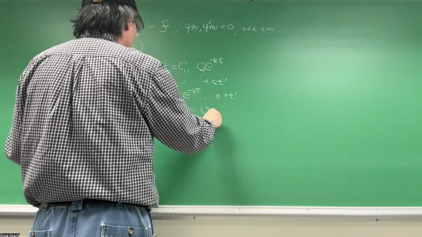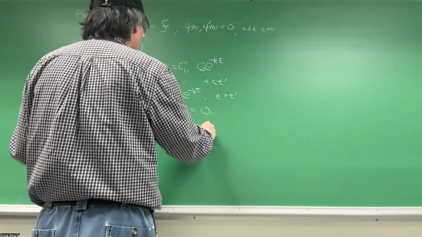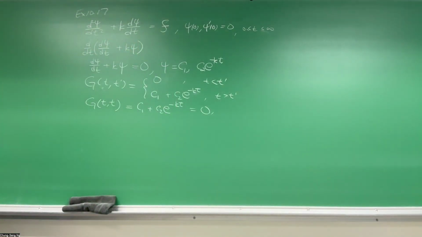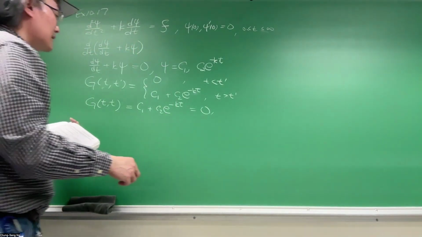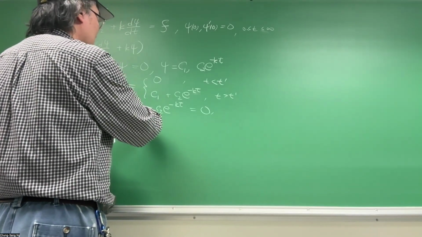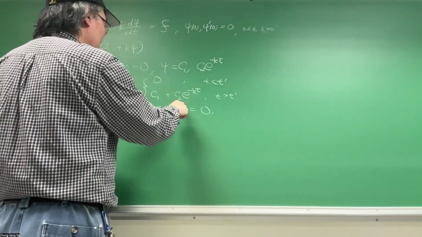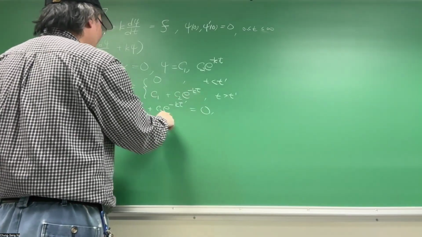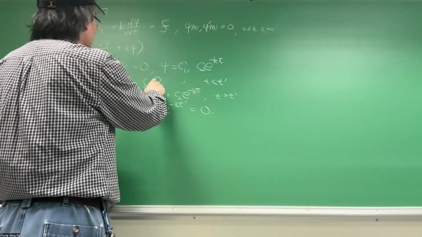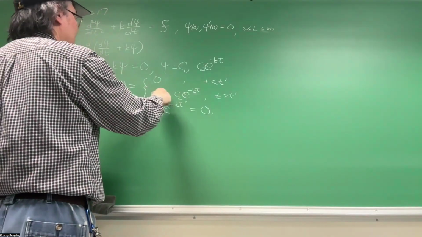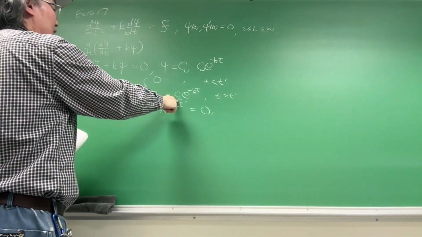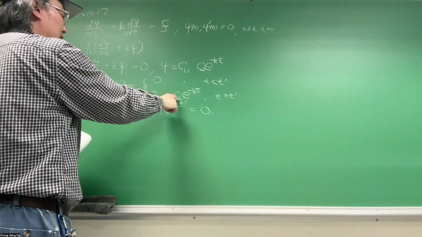We don't know these yet. Basically t equals t prime, because this is a solution for t, then c sub 1 and c sub 2 can be functions of t prime.